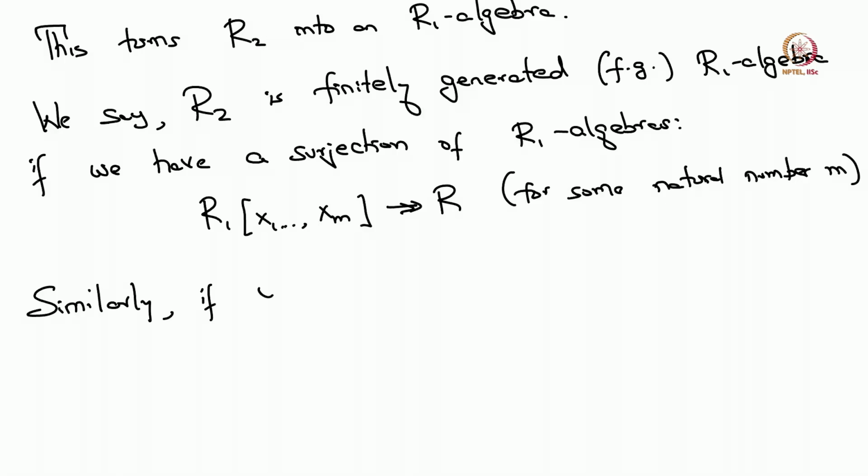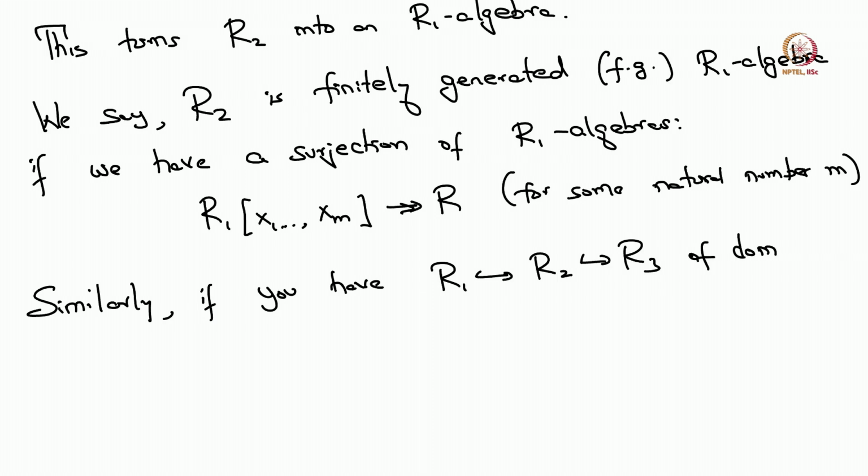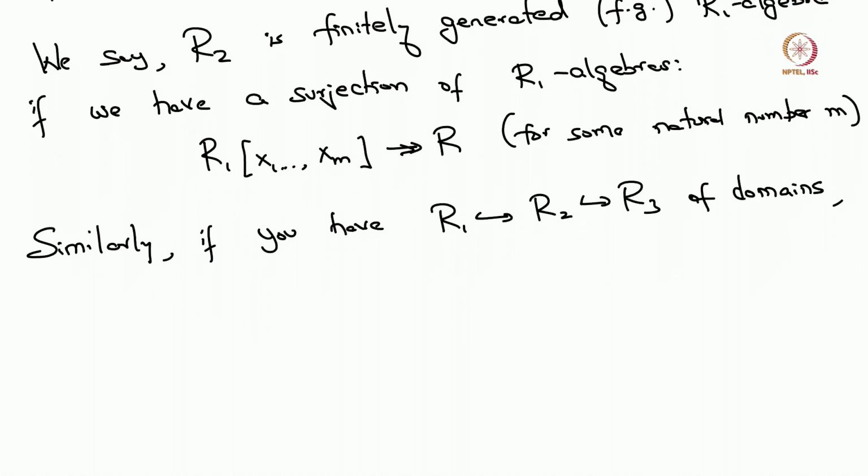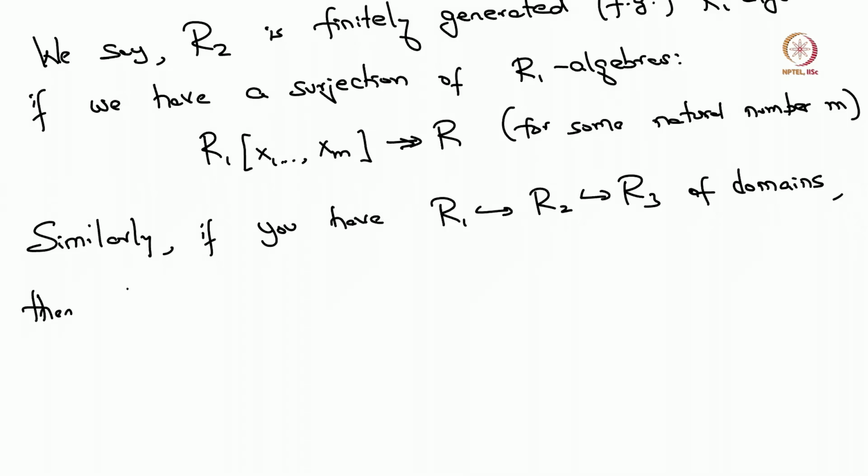if you have 3 domains and you have a sequence of inclusions, say R1 inside R2 inside R3, so you have an inclusion of domains this way, then again R3 is an R2 algebra, and since R1 is inside R2, R3 is also an R1 algebra.